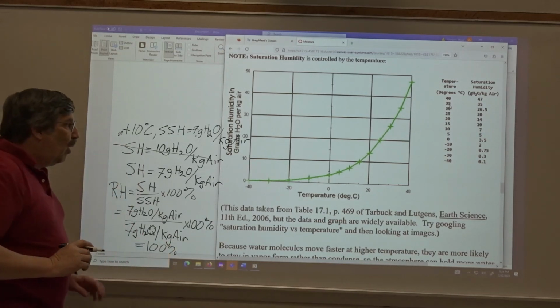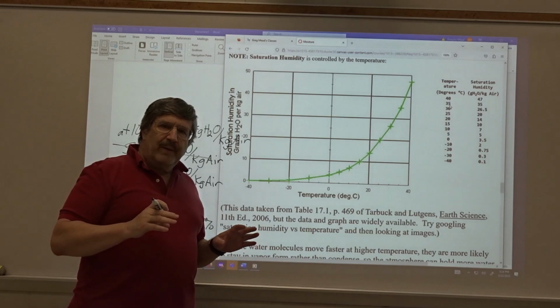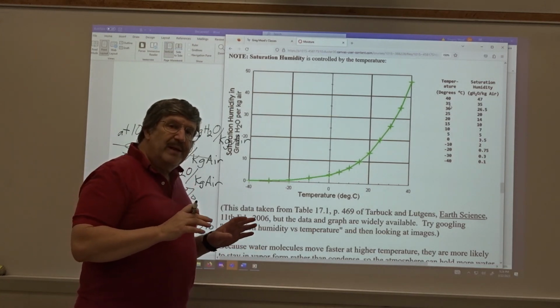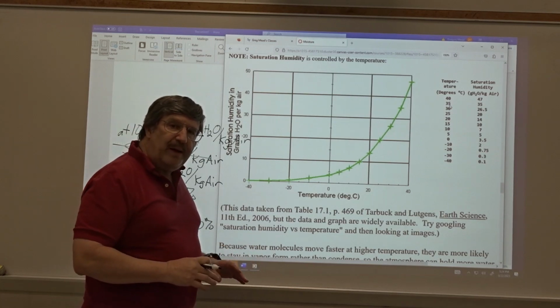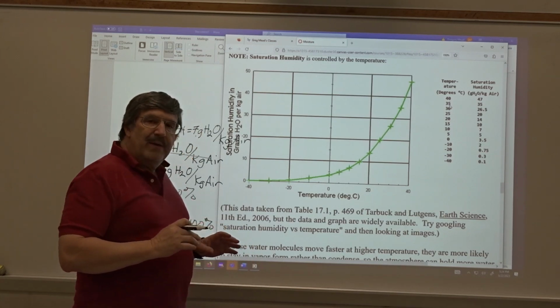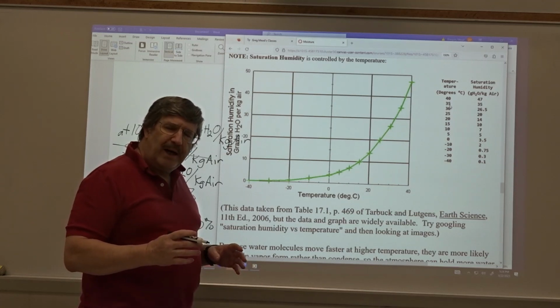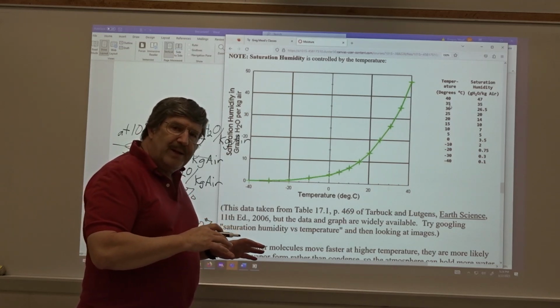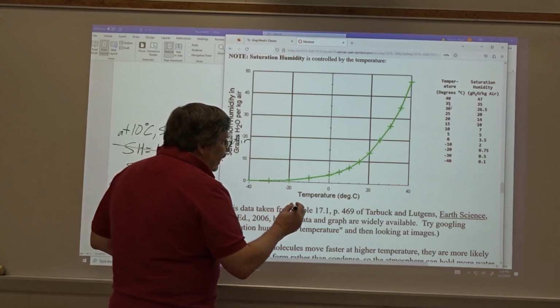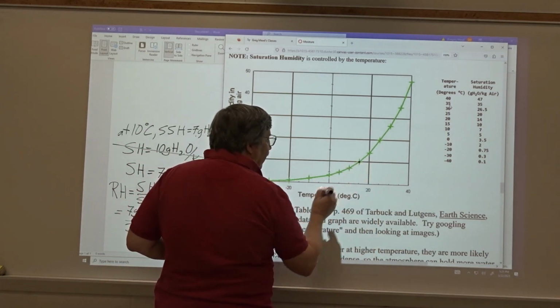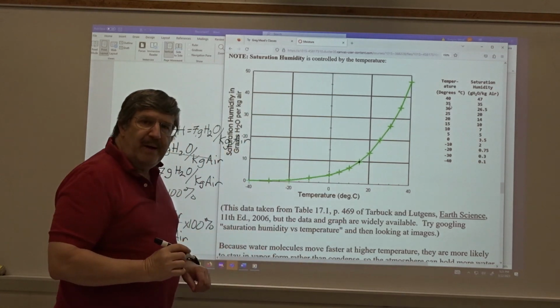So once the temperature drops enough so that the saturation specific humidity equals the specific humidity, you start getting condensation if the temperature continues to drop. And so at 15 degrees, we were at 100% humidity.